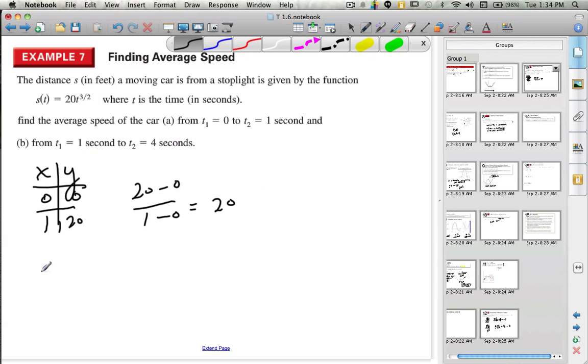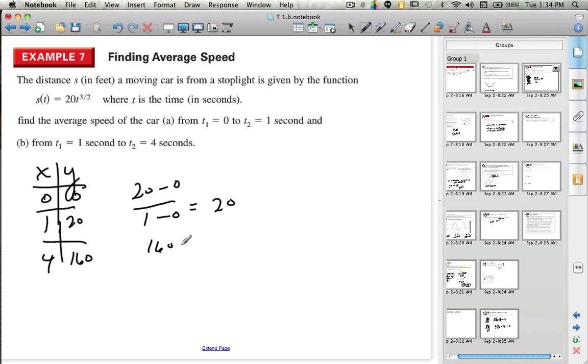And when we look from 1 second to 4 seconds, we've already got the 1, let's put in 4. 4 to the 3/2 power, well, the 3/2 power would be the square root of 4, which is 2. 2 to the 3rd power is 8 times 20. 8 times 20 is 160. So when we put that in, 160 minus 20 over 4 minus 1, that's going to be 140 over 3.